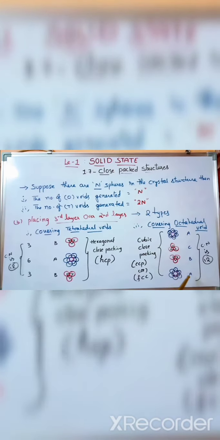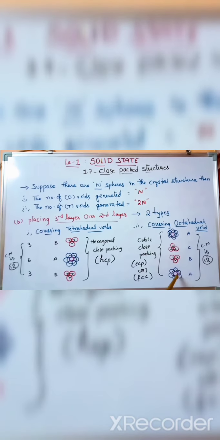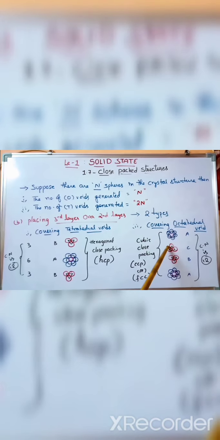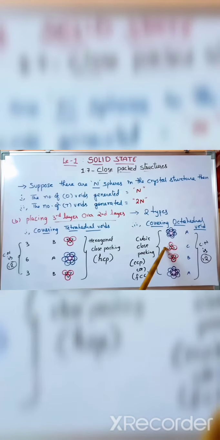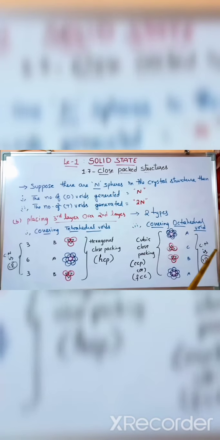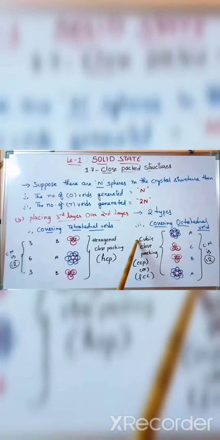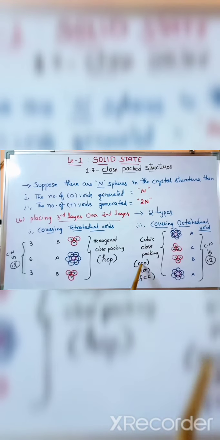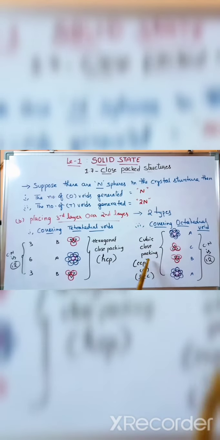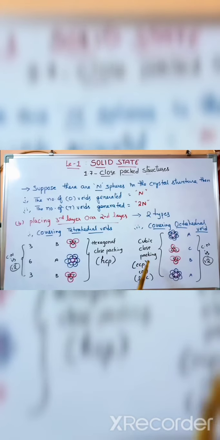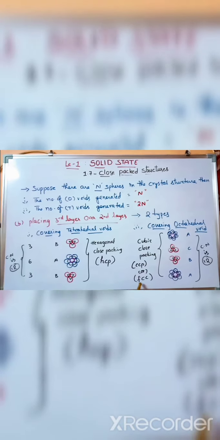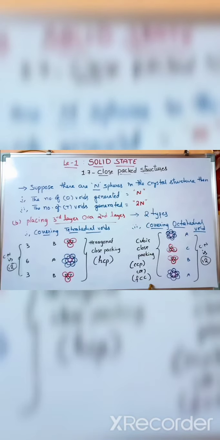Here also 6, 3, 3, in total 12, so the coordination number is 12. This is called cubic close packing or CCP. The structure will be CCP, cubic close packing, or face-centered cubic form.